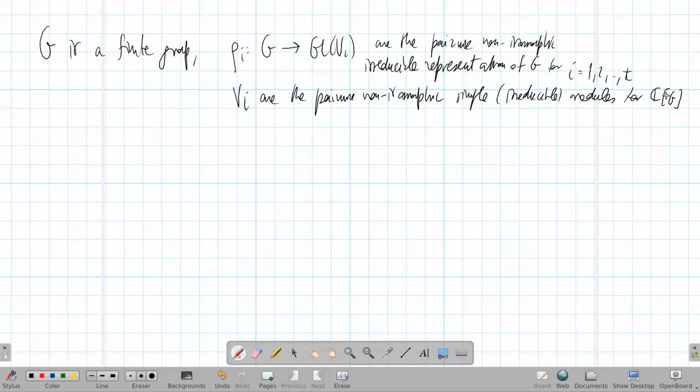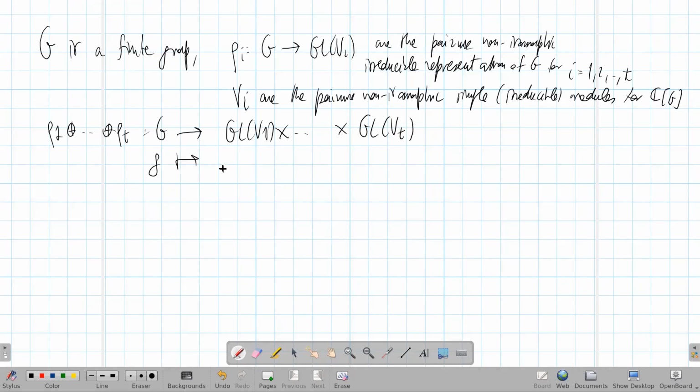But explicitly, we consider the direct sum of these representations, which goes from G to the direct product of these GL(V_i). Okay, so the representation is clear. It sends g to a tuple: here you have rho_1 of g, and here you have rho_T of g.